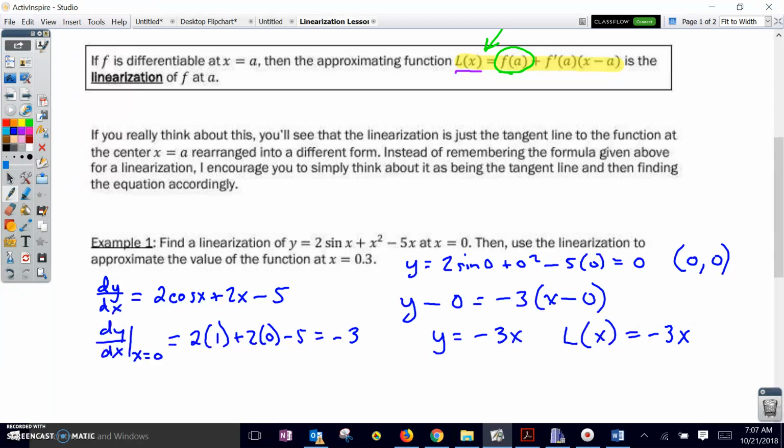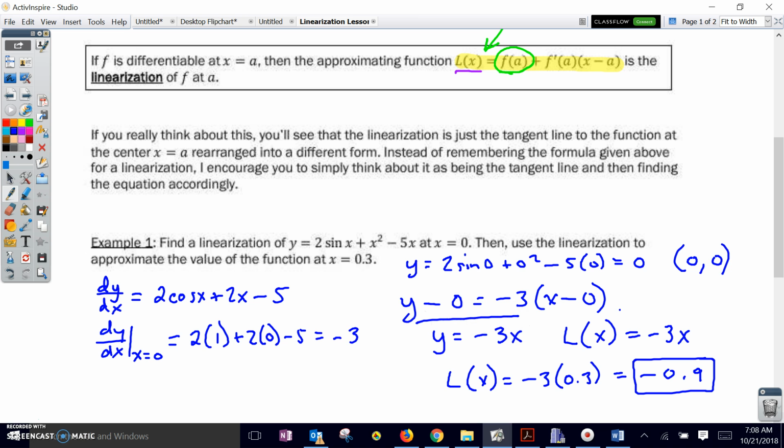And now I'm going to use that to approximate the value of the function at x equals 0.3, so I'm just going to substitute 0.3 in here for x, and my approximation is going to be negative 0.9. So there's my linearization, and there's the value at 0.3.